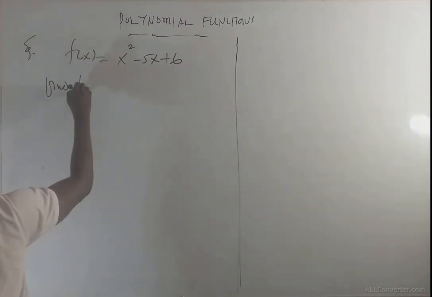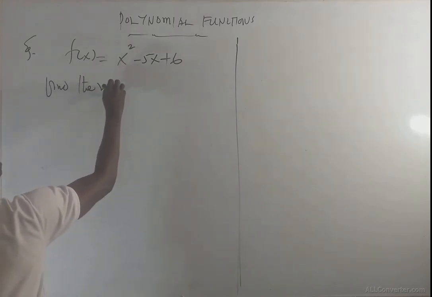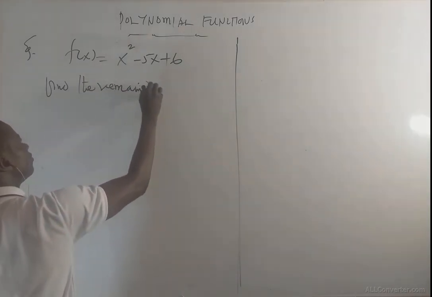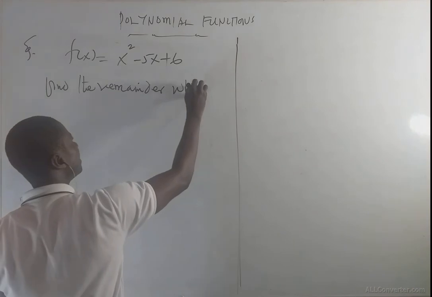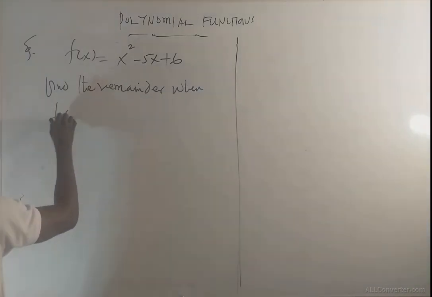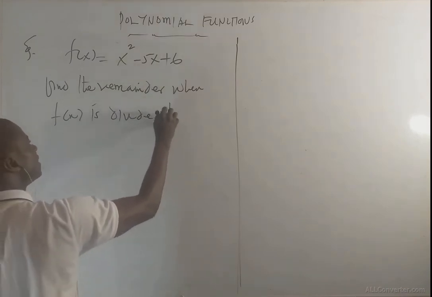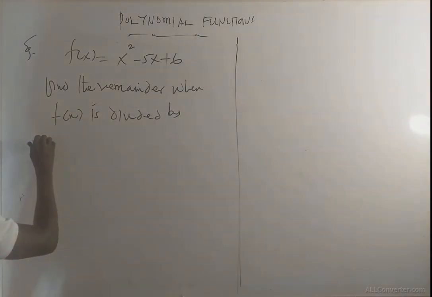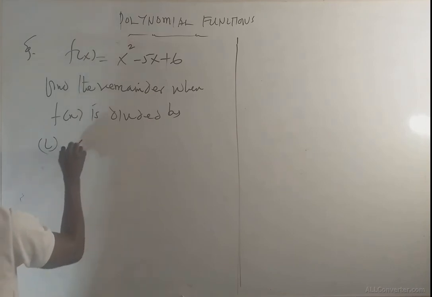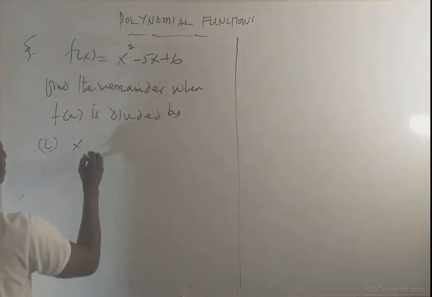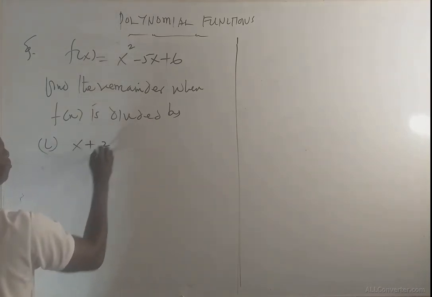And you have to find the remainders when f of x is divided by I. We have x plus 2, II.